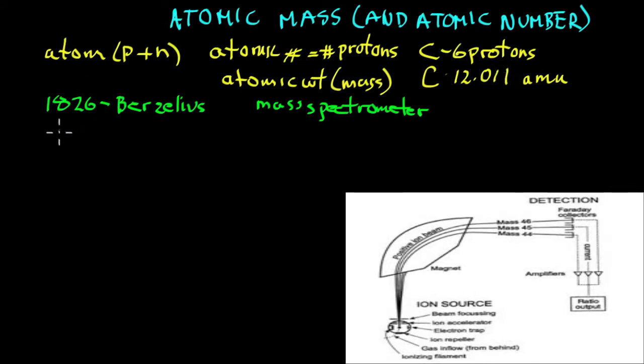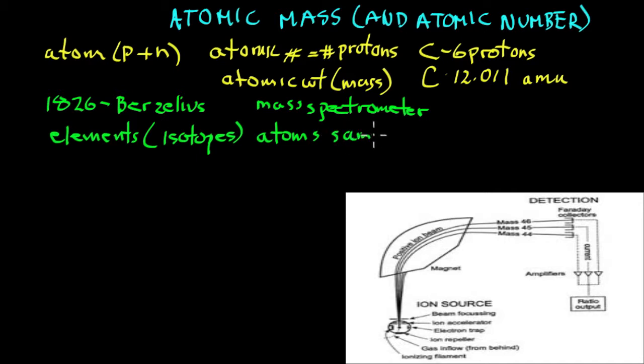12.011 comes from the fact that nearly all elements are made up of isotopes. In other words, these are atoms of the same element that have the same number of protons but a different number of neutrons.